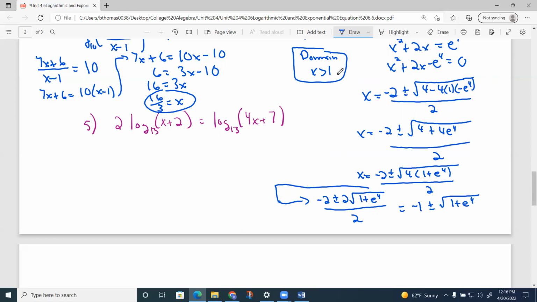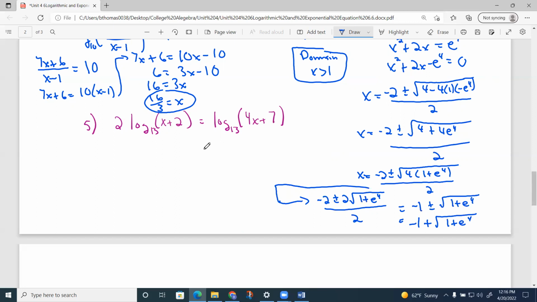X has to be greater than 1. So we have to exclude that negative 1 there, and we have to throw that other one out. So our final answer is negative 1 plus the square root of 1 plus e to the 4th. So that becomes our final answer there.